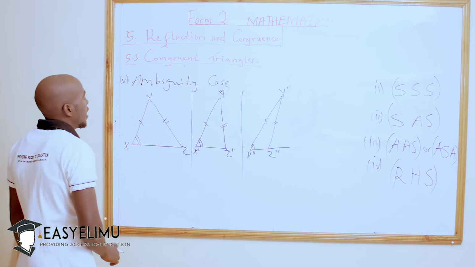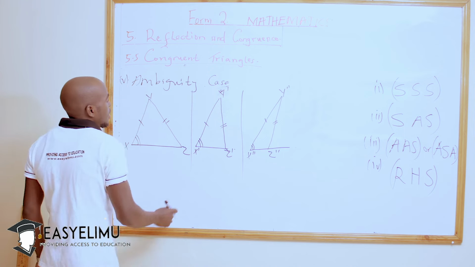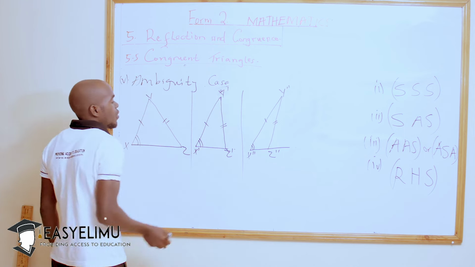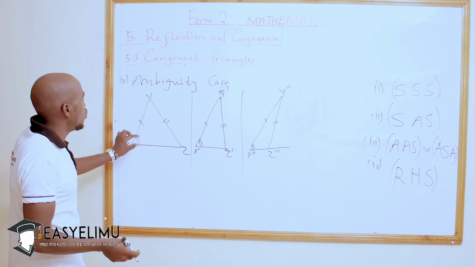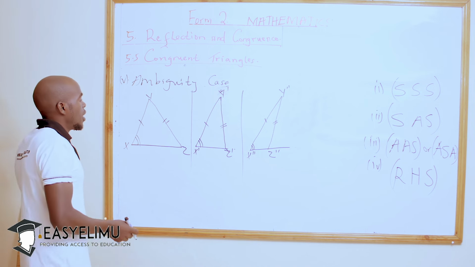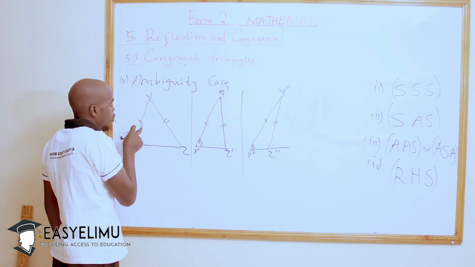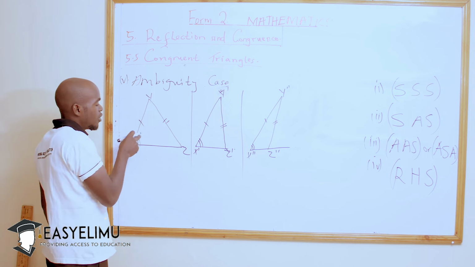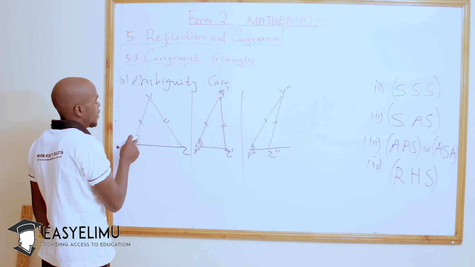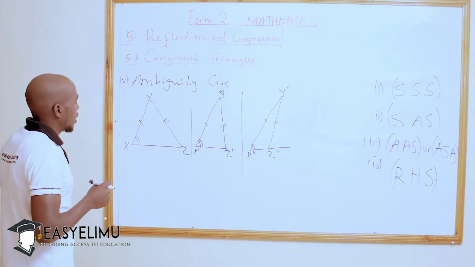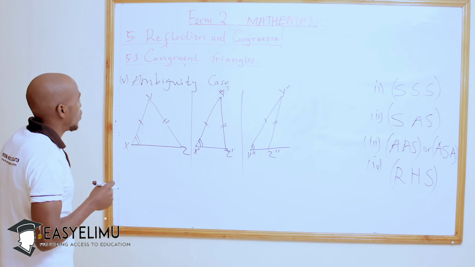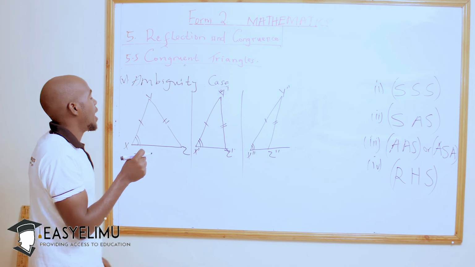You will find out that in the ambiguity case, this triangle here will be congruent to the first triangle, since we have one side and an angle corresponding to the other case here.